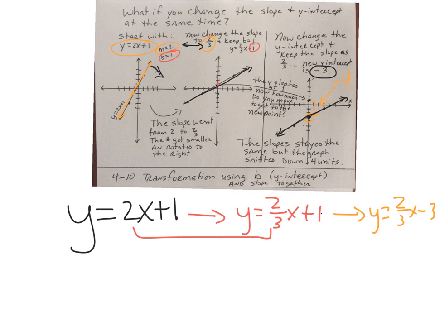So in reality, I basically rotated because the slopes changed, and then when I went from 1 to -3, I translated. And those are the transformations that occurred. I know that doesn't look like translated, but let me rewrite that. Okay, it translated.